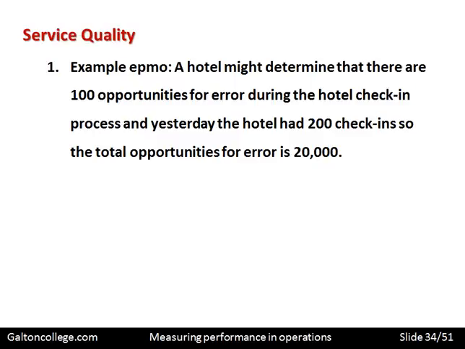Example of errors per million opportunities. A hotel might determine that there are 100 opportunities for errors during the hotel check-in process. Yesterday the hotel had 200 check-ins, so the total opportunities for errors is 20,000.